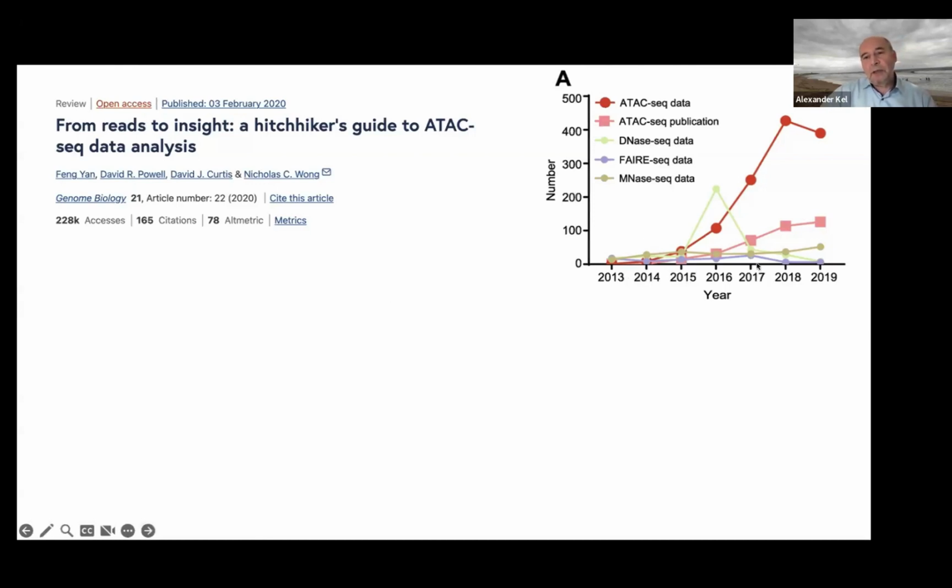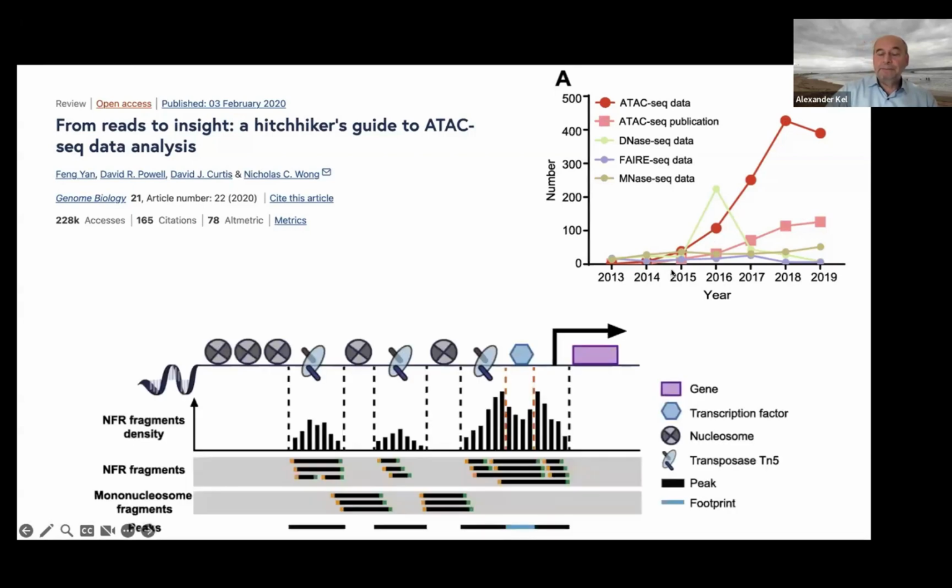If you look at the number of publications, they have been growing in recent years, and that's not a surprise because it's a very flexible and quite universal method to reveal the regions of DNA which are open and ready to accept regulatory machinery, and they are going to regulate the genes.